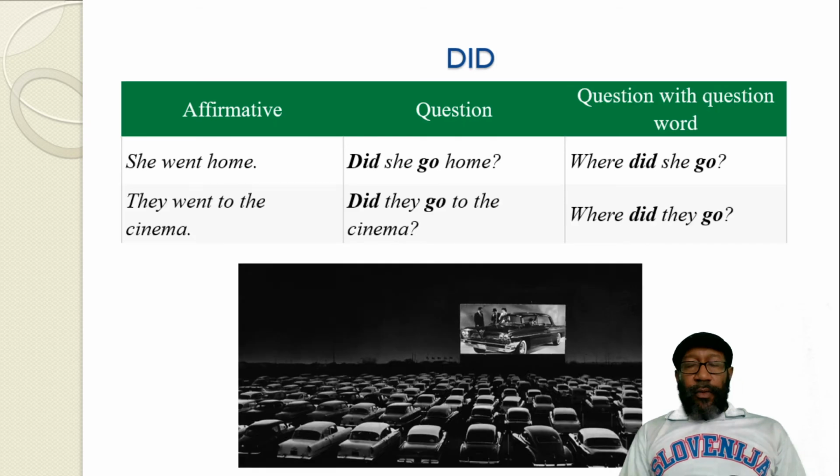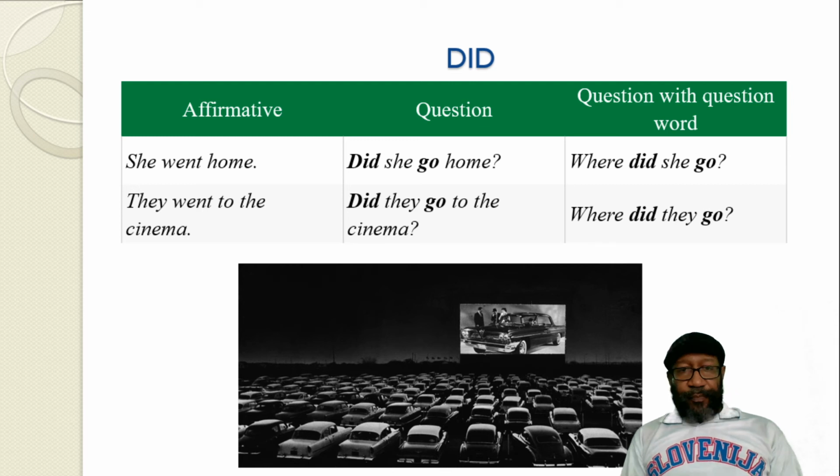And here we have the auxiliary verb do in the past, and in the past it is did. So as you can see, she went home is affirmative in the past. The question, did she go home? So you see, you put in the past only the auxiliary verb. You don't put the main verb in the past.